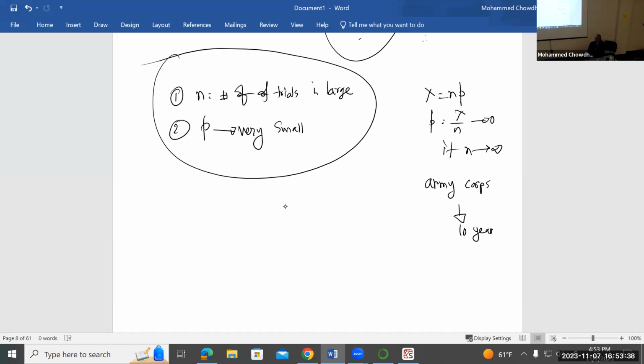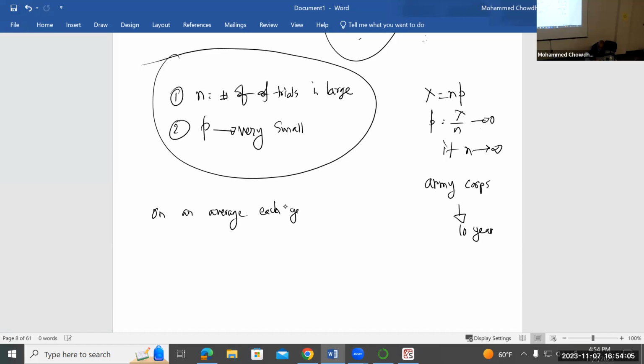So that means if 20 army corps each for 1 year, that is 200 years, or 200 observations.